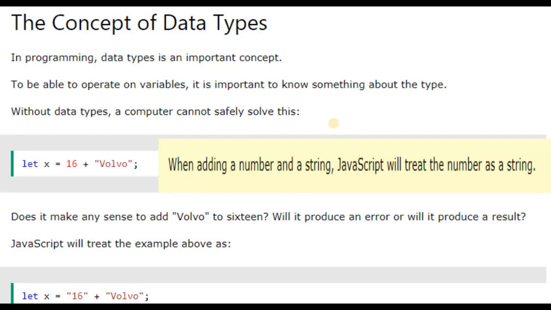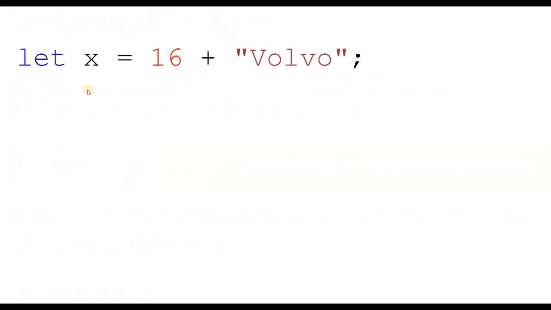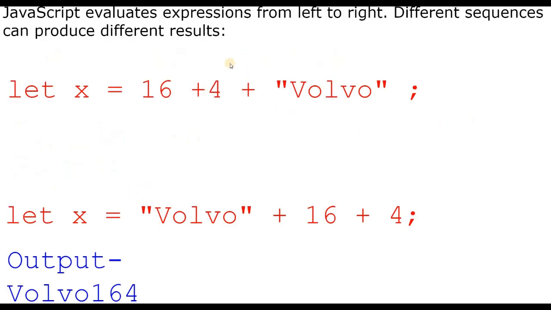JavaScript will treat the example above as let x = 16 + "Volvo". The output is "16Volvo". JavaScript evaluates expressions from left to right. Different sequences can produce different results.